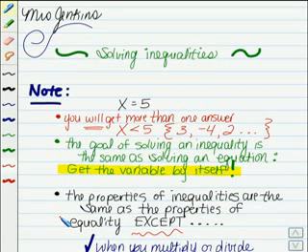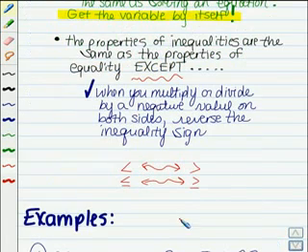The properties of inequality state that you can add, subtract, multiply, or divide anything you want as long as you do it to both sides of the inequality. And then except, big exception, and don't forget it: when you multiply or divide both sides of your inequality by a negative value.